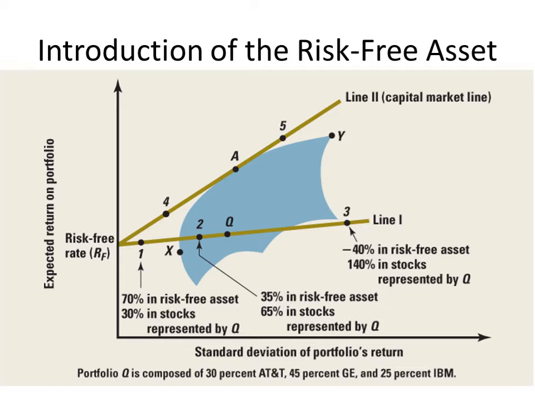If you invest in that risk-free asset, you're going to have a standard deviation of 0 because there is no risk, but you will receive the return on the 3-month T-bill, which we refer to as the risk-free rate. And so that puts you over on the left-hand side of this graph, over where it says risk-free rate.